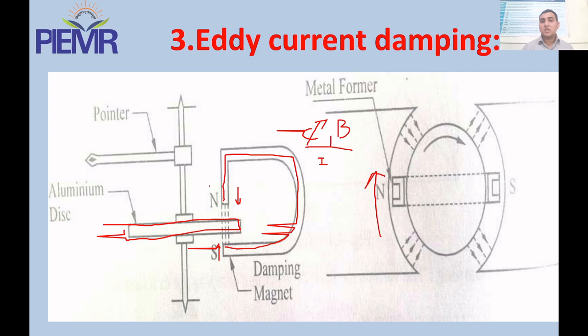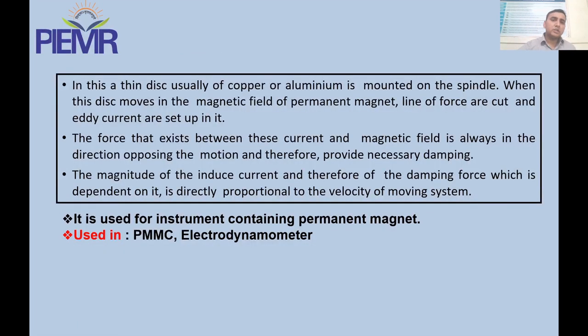It is basically a thin disc, usually of copper or aluminum, mounted on a spindle. The force between the current and the magnetic field provides an opposing force, produced by the induced current. It will oppose the motion of the coil, and this type of instrument contains a permanent magnet. It is always used in PMMC meters and electrodynamometer instruments.